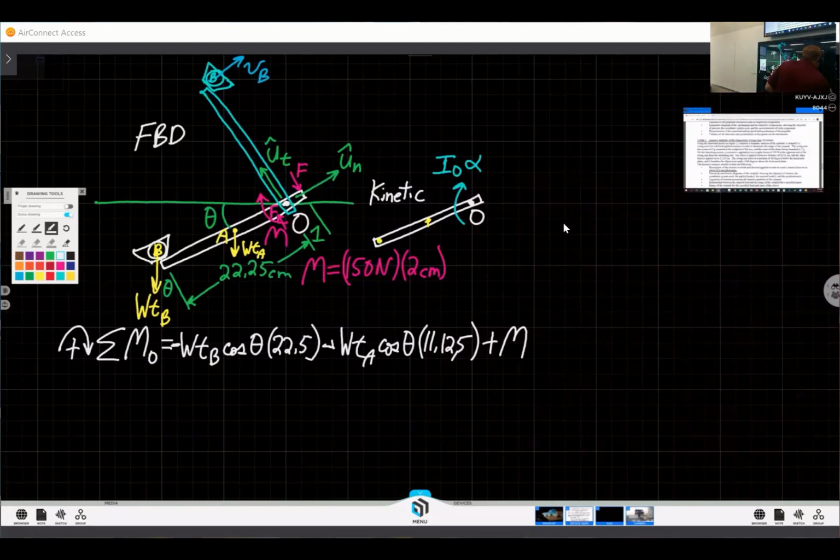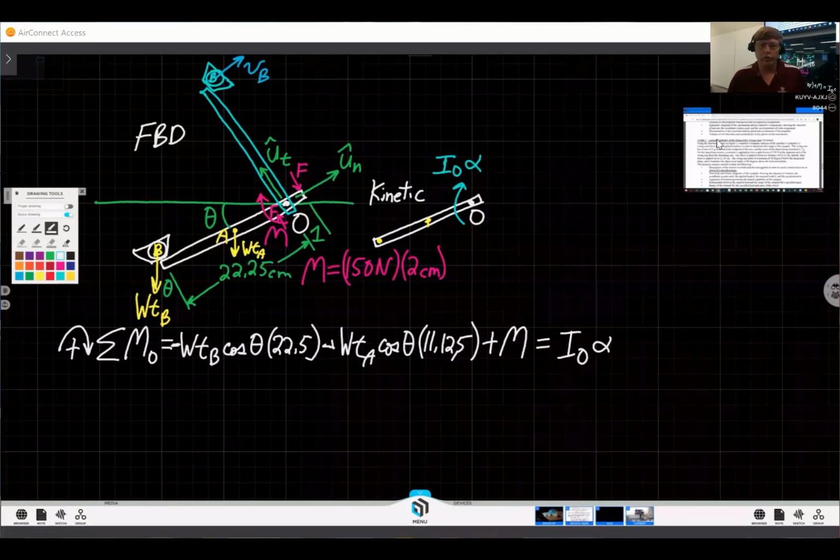Now that you're doing equations of motion, the sum of moments is going to be our mass moment of inertia about that point O and its angular acceleration. So all we need to do now is figure out what the mass moment of inertia about O is for our swing arm with its object. There are a couple of ways you can look at this. I'm going to call this a rod; the expression for the mass moment of inertia works out the same.